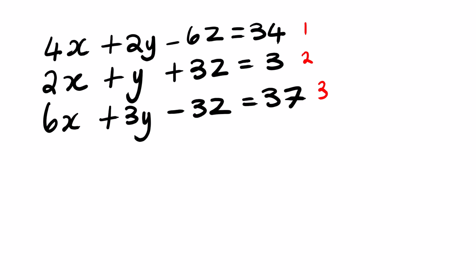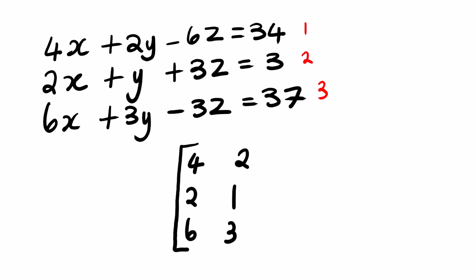Now our matrix will be like this. Our entries are 4, 2 and 6; 2, 1 and 3; -6, 3 and -3.